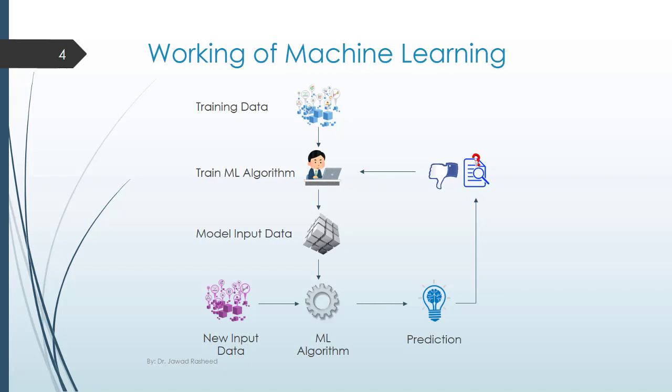So new input data is actually introduced to the machine learning algorithm, and it makes a prediction based on the model. You can see here in this diagram that first there is training data. What is the training data? Training data is the data which you are providing to the machine. It might be the labeled one, it might be unlabeled one. As I told you, labeled one has the labels with it, and the unlabeled ones are the ones with no label.